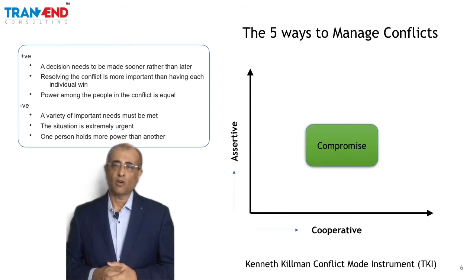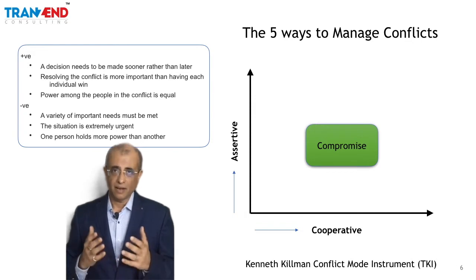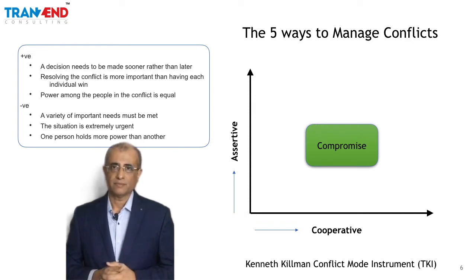On the other hand, a compromise is not a good idea when the situation is extremely urgent. If things have to be done now, then wasting time on trying to compromise will not help. In that case, you may want to be more competitive or more accommodative.